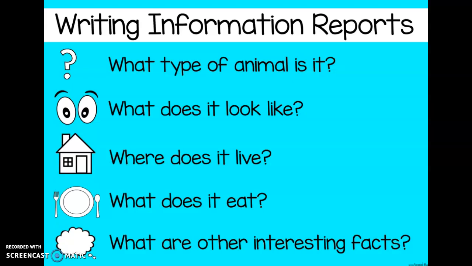So just to recap, in our first lesson, we talked about how report writing included factual information, so information that was true. Then in our lesson yesterday, we looked at classifying animals, so saying what group of animals the animal belongs to, and the different classifications we looked at were fish, birds, amphibians, reptiles, and mammals.